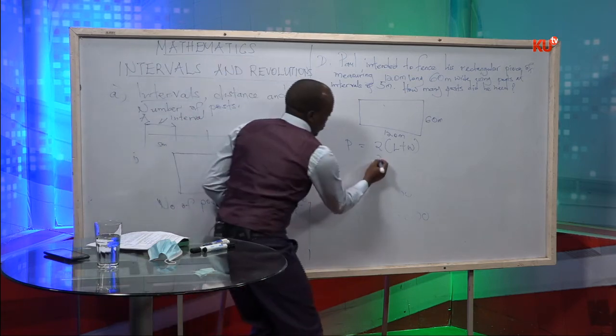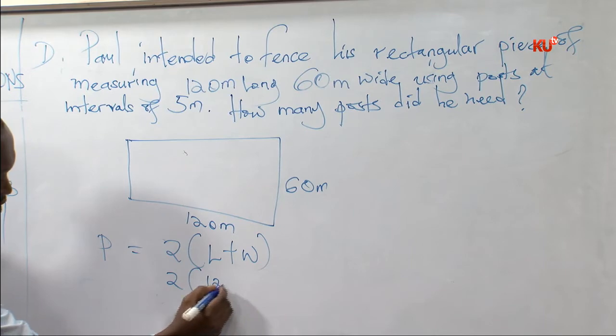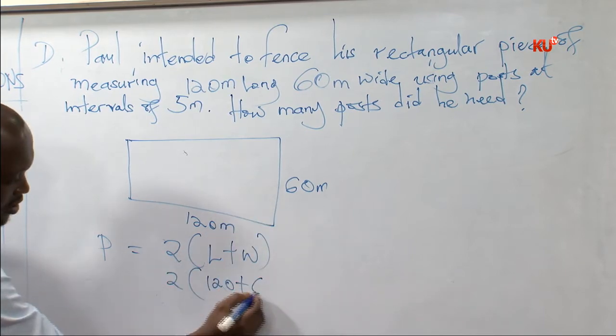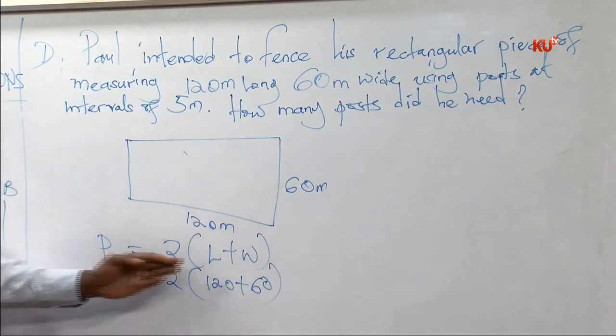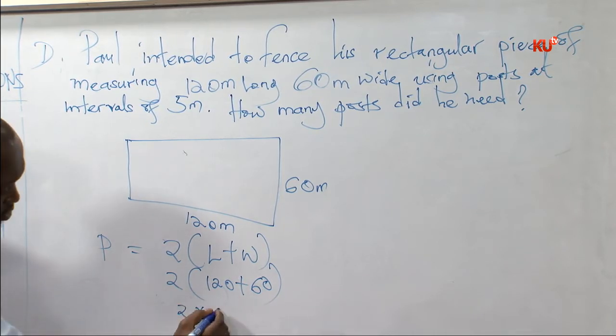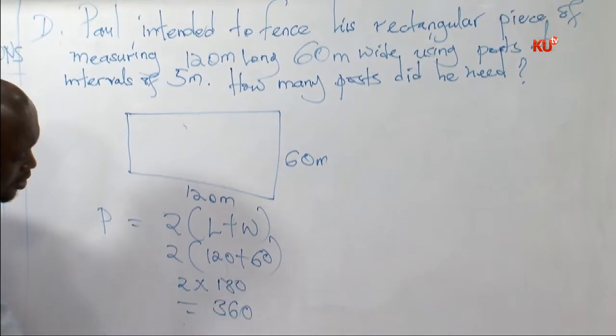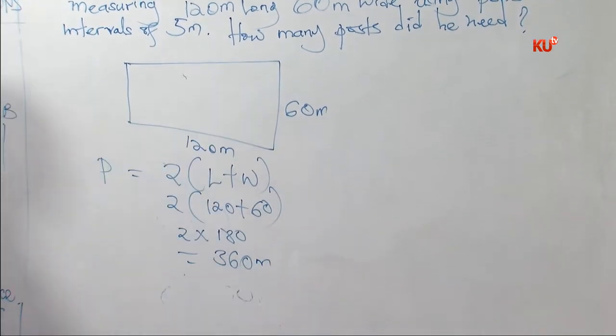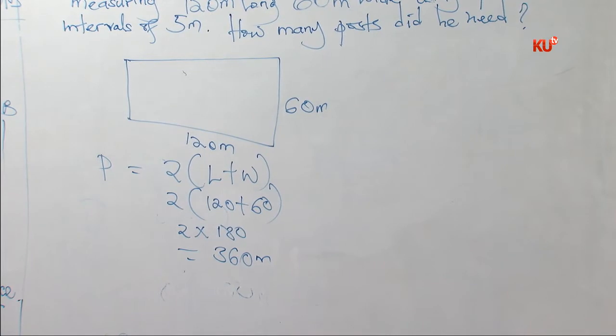So we take 2 times length 120 plus width 60. We add this to this, we get 180. We take 2 times 180, which is 360 meters. So that is the distance around that figure.